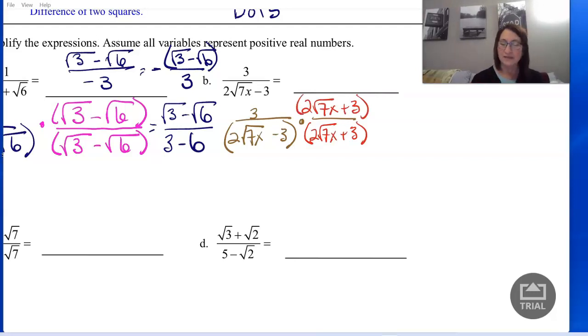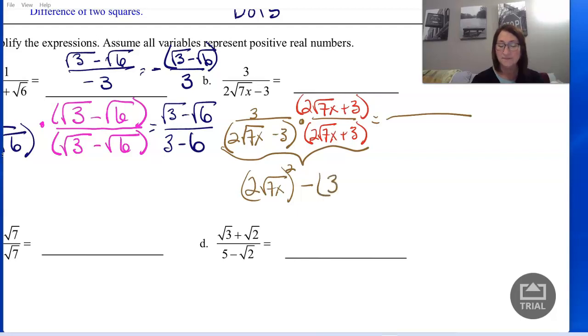All right, let's go ahead and let's do the bottom first. This is so much easier. So this is going to give us the difference of two squares. So it's 2 square root of 7x squared minus 3 squared. So 2 squared is 4.